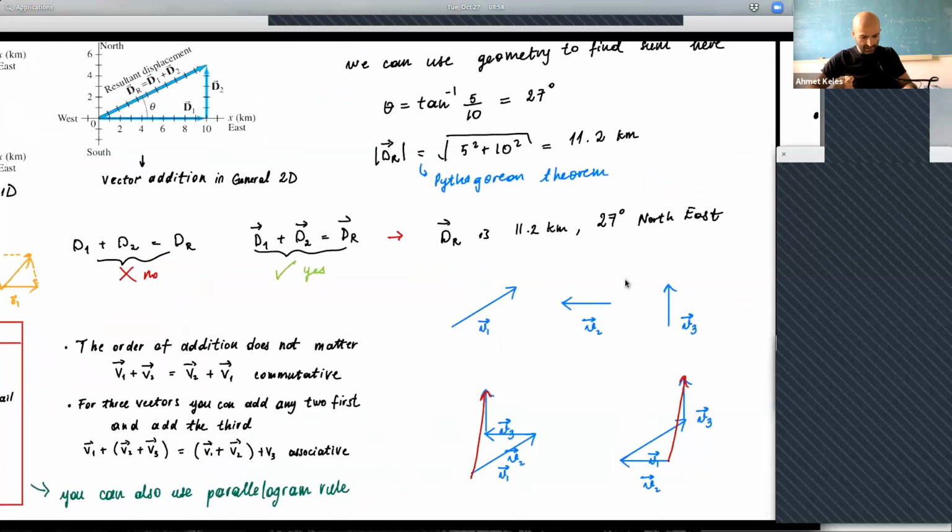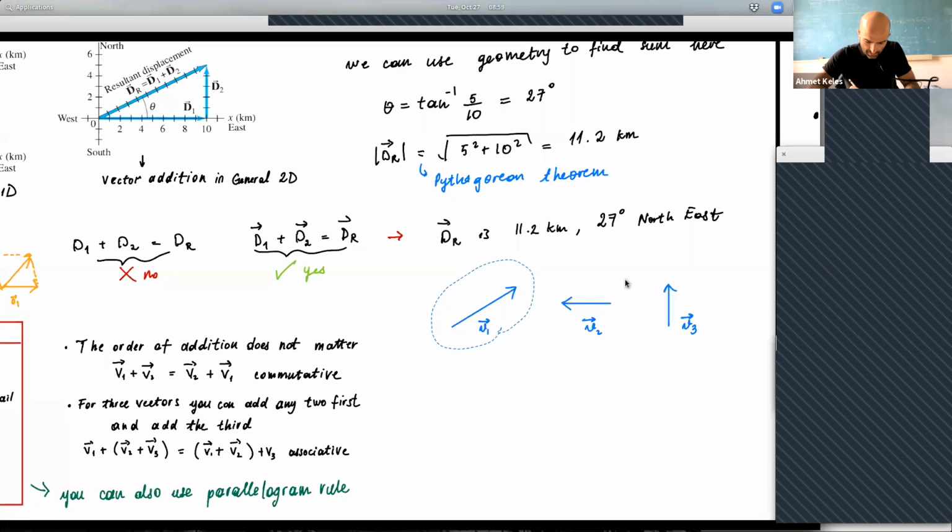Maybe I can erase this and do it again. Let's start from the beginning. For example, I can start with this one. Copy, paste. So this is the first one. This is the copy, the second one.